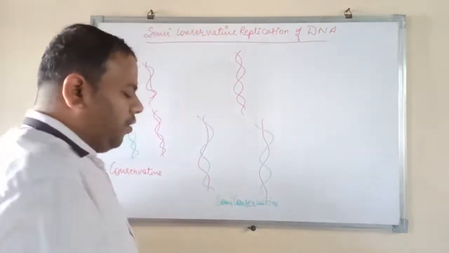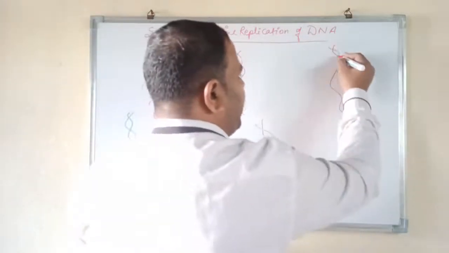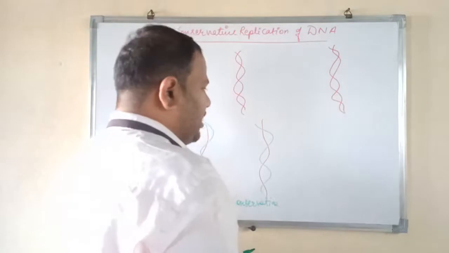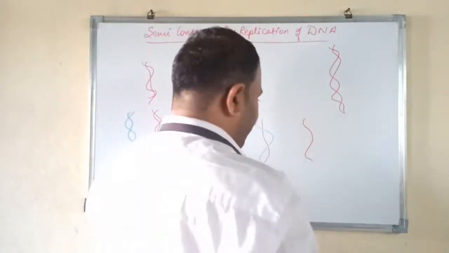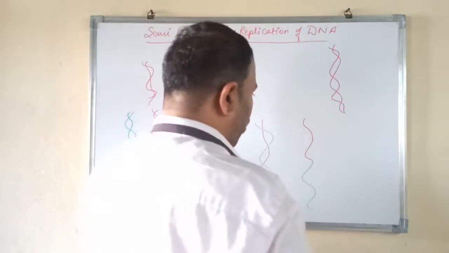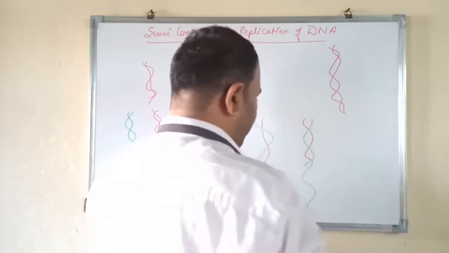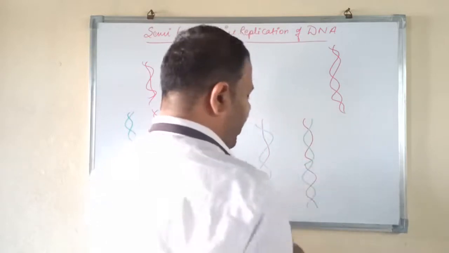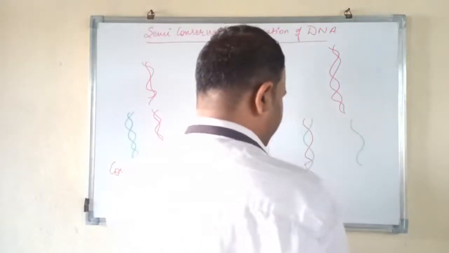Now let's see the third type of DNA replication. Suppose this is the parent DNA, and in this type of replication, the parts of DNA get replicated in a different manner. You can see here the new organism that is being formed will have two different strands having a mixture of red and green type of DNA.